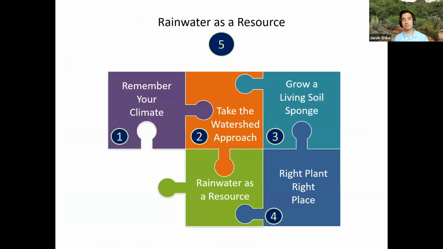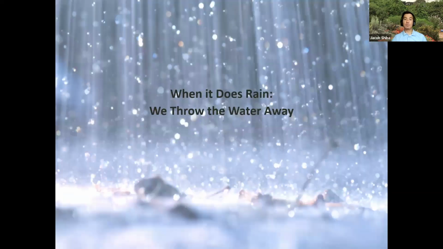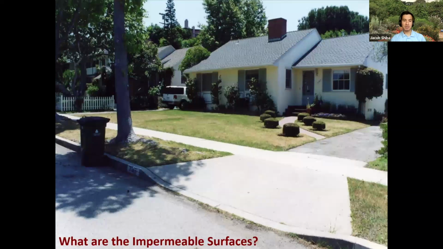The next piece of this puzzle is utilizing rainwater as a resource. Now, when it does rain, we throw a lot of this water away because of the way we built out our landscapes. We built out our urban environments. And the reason all this water gets thrown away is because of what we call impermeable surfaces. These are surfaces that water cannot get through to get into the soil.